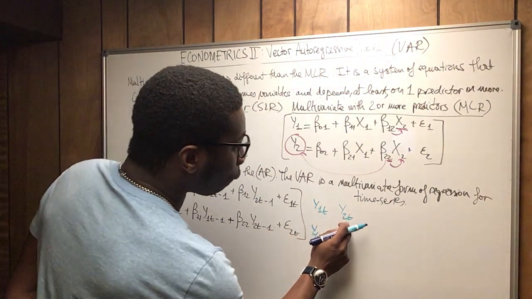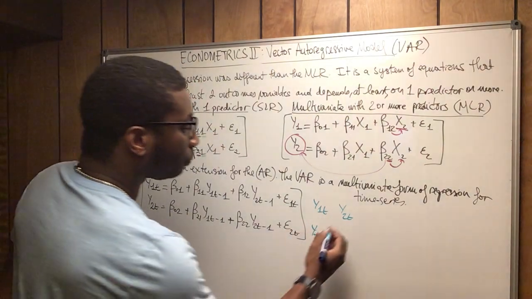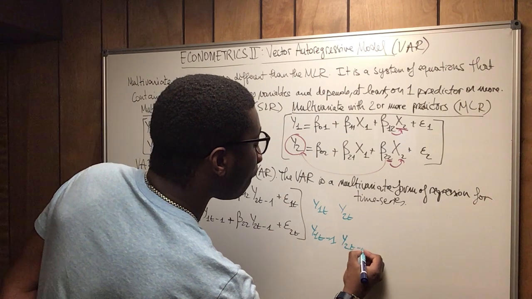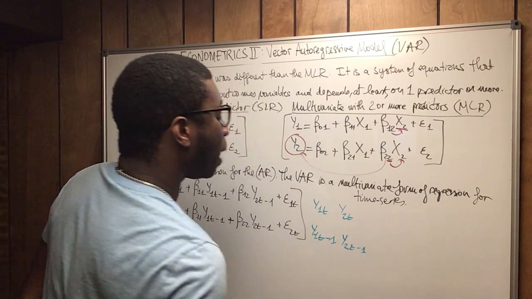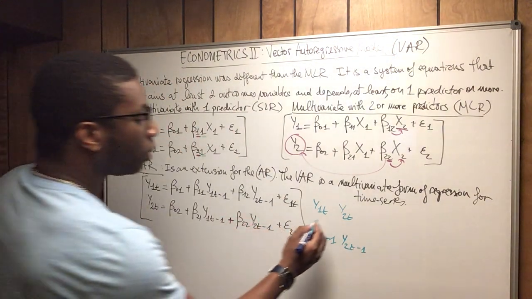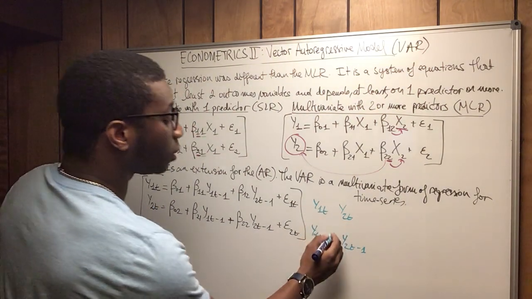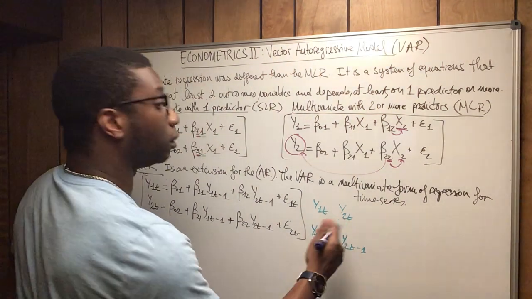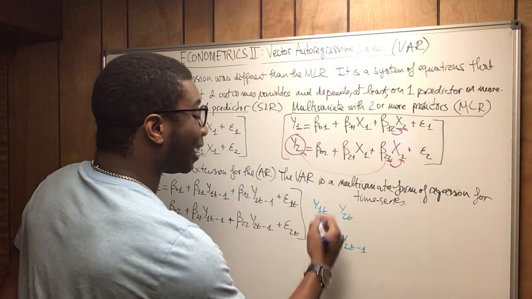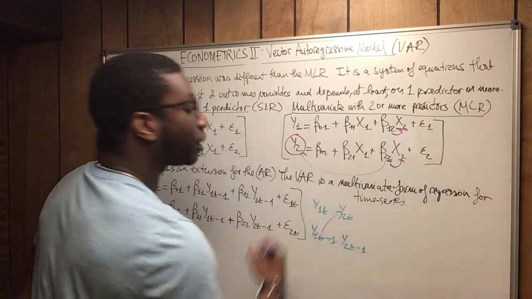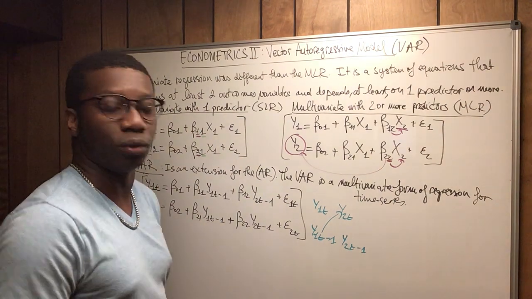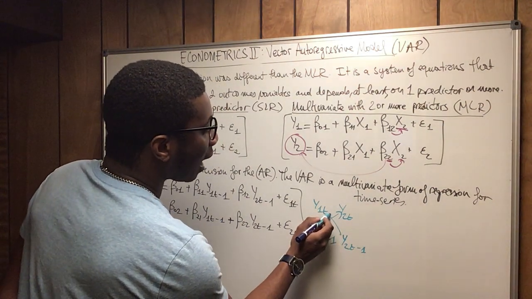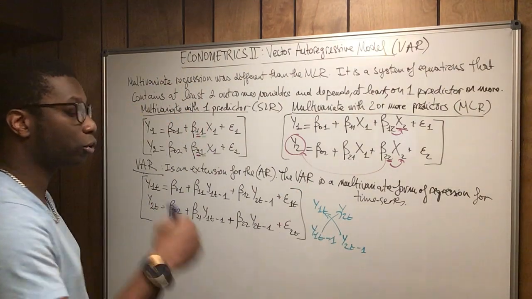And then for Y2, which is the oranges, you also have Y2T minus 1. So you wonder how the sales of the apples last month affect the sales of the oranges today, and how the sales of the oranges last month affect the sales of apples today.